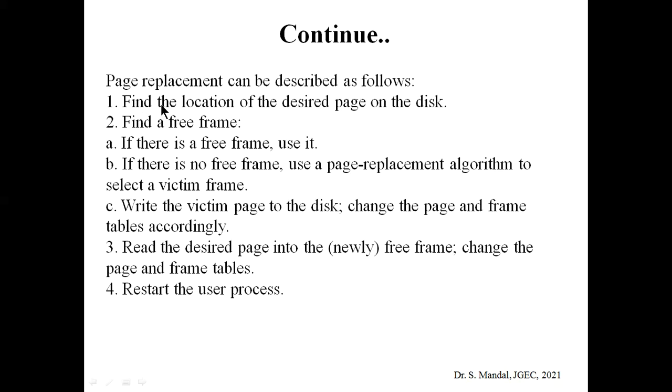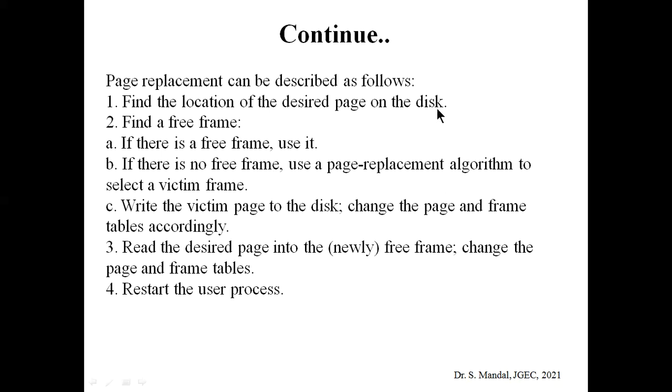The first step is to find the location of the desired page on the disk where the respective page is located. The second step is to find a free frame. If there is a free frame, then use it, no problem. But if there is no free frame, we need to use a page replacement algorithm. What is the purpose of the page replacement algorithm?